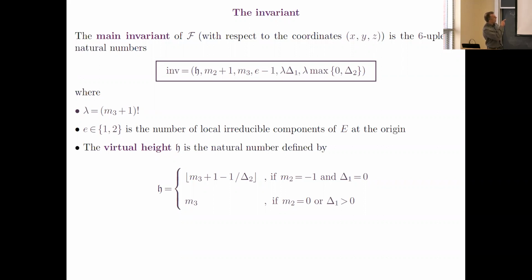And more importantly, the problem is that when we blow up with the strategy determined by this invariant, in principle you can have this problem of compensation, which leads to the situation where the invariant does not decrease by blowing up.